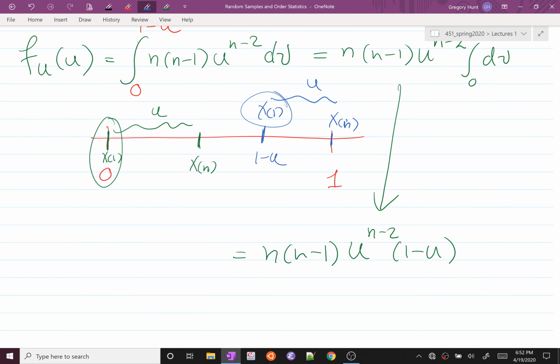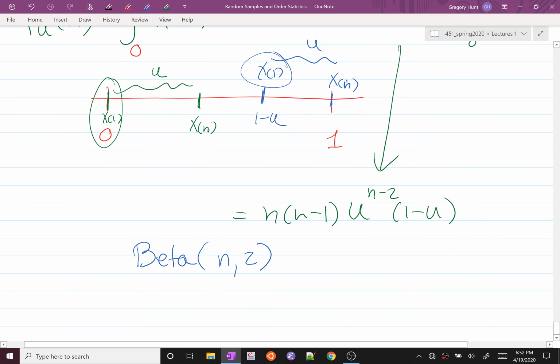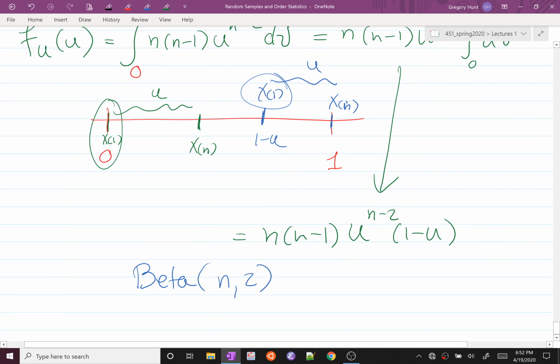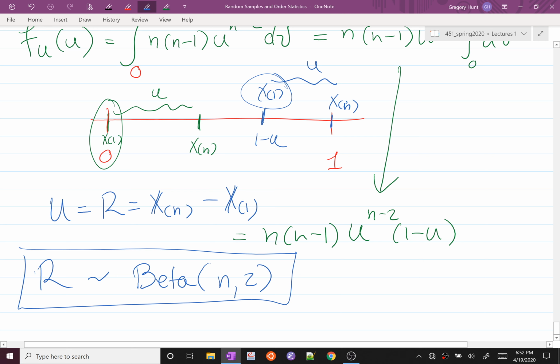This is a beta distribution with parameters n and 2. And so since u was my range, then R, my range, has a beta n, 2 distribution.